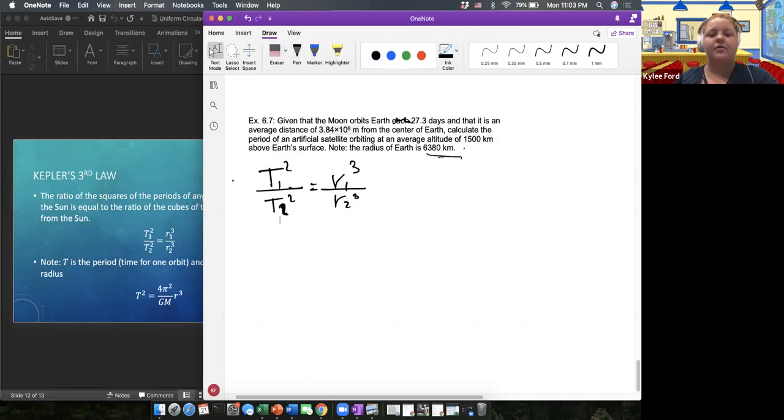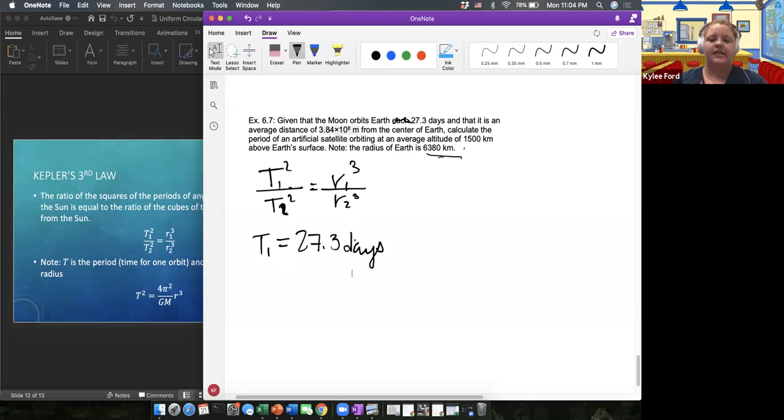So I'm going to go ahead and label some stuff. I'm going to say that my first period is given to me, and that is 27.3 days. It doesn't tell me to convert it to seconds or anything. I can tell that because these are just ratios, so I don't really need to convert.